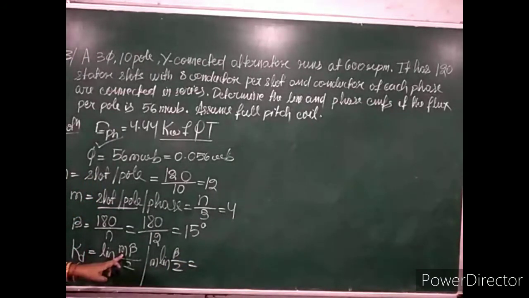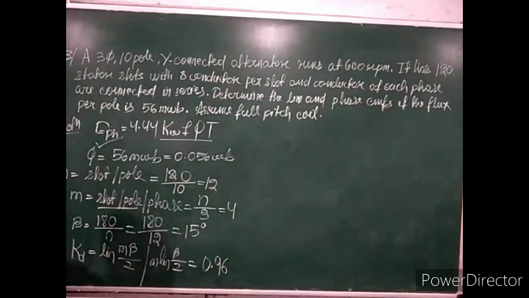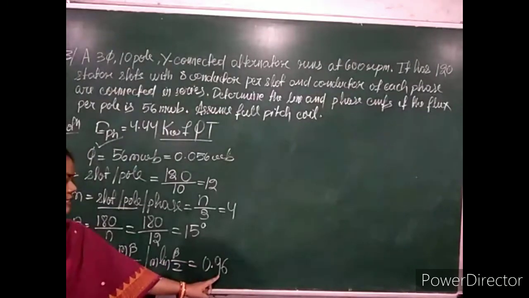Put the value of m as 4, beta as 15 degree in this equation and you get the distribution factor, its value is 0.96.